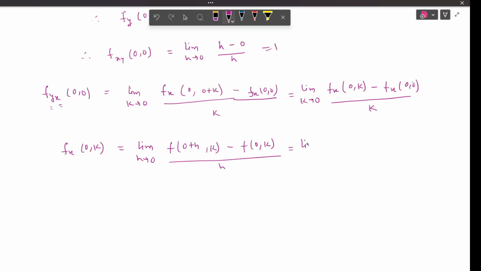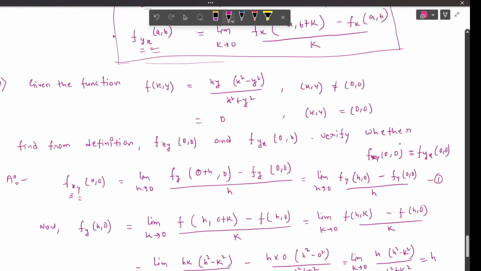So this would be the limit as h tends to 0 of [f(h,k) minus f(0,k)] upon h. I have to follow the same process.